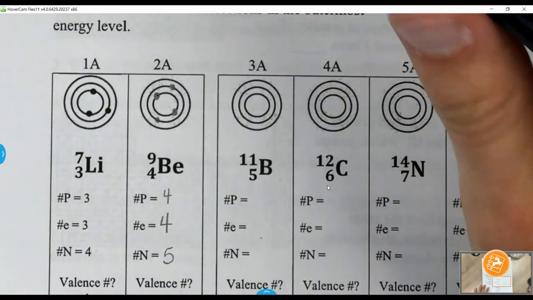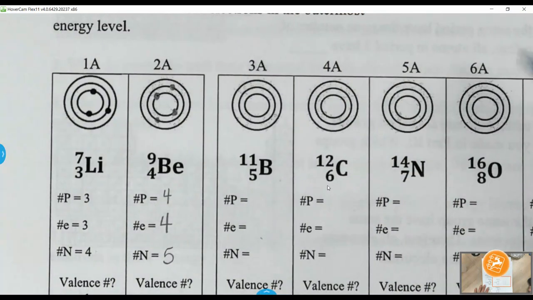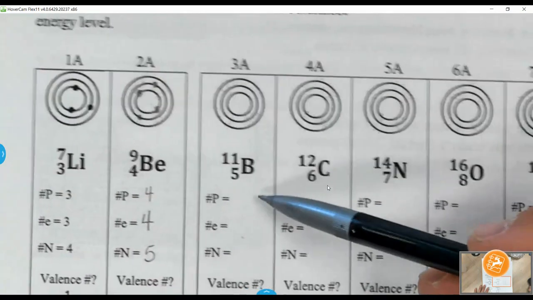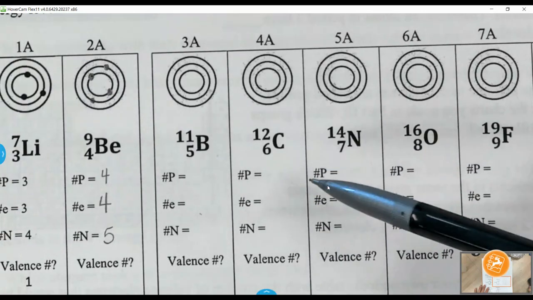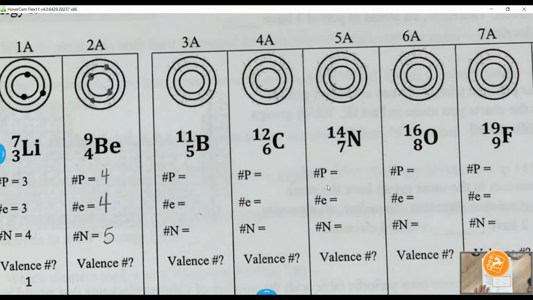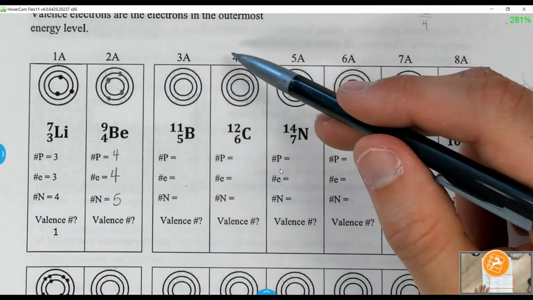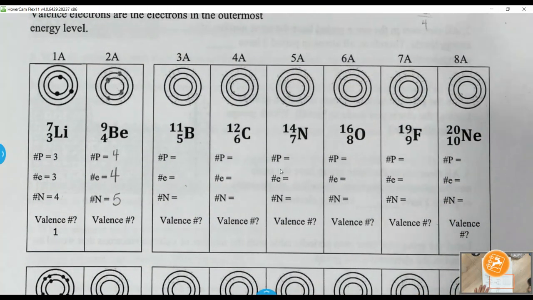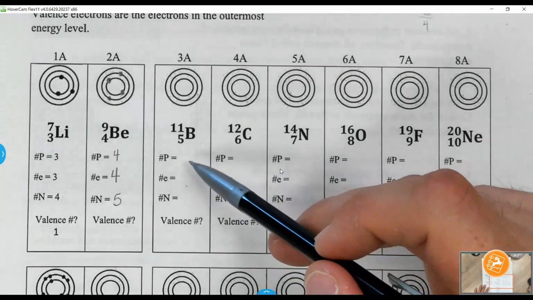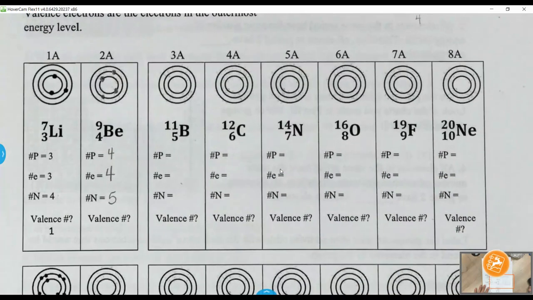So I would like you guys to figure out the remaining protons, electrons, and neutrons for the rest of this row. So for 3A, 4A, 5A, 6A, 7A, and 8A. Right now, I want you guys to complete that. Don't worry about the number of valence electrons, but I want you to complete it.